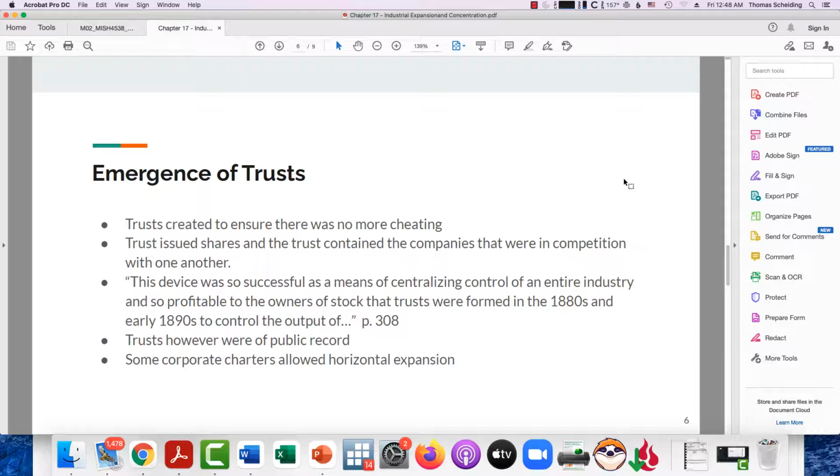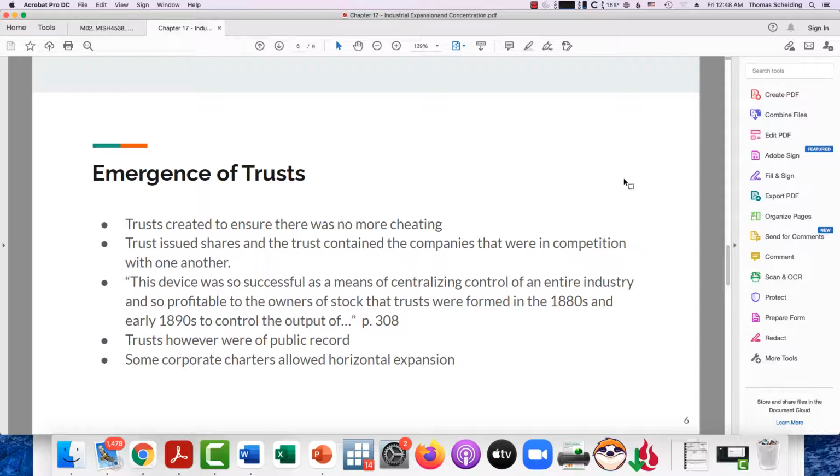So without monopolies and other things, trusts were the way that you consolidated businesses, the way that you stifled competition, in a way to help the economy grow, but also help the individual companies grow.